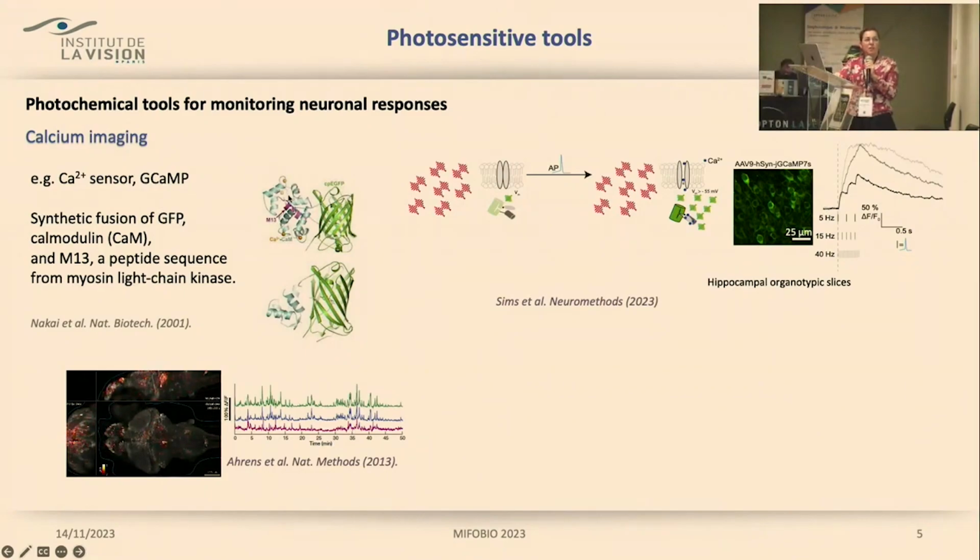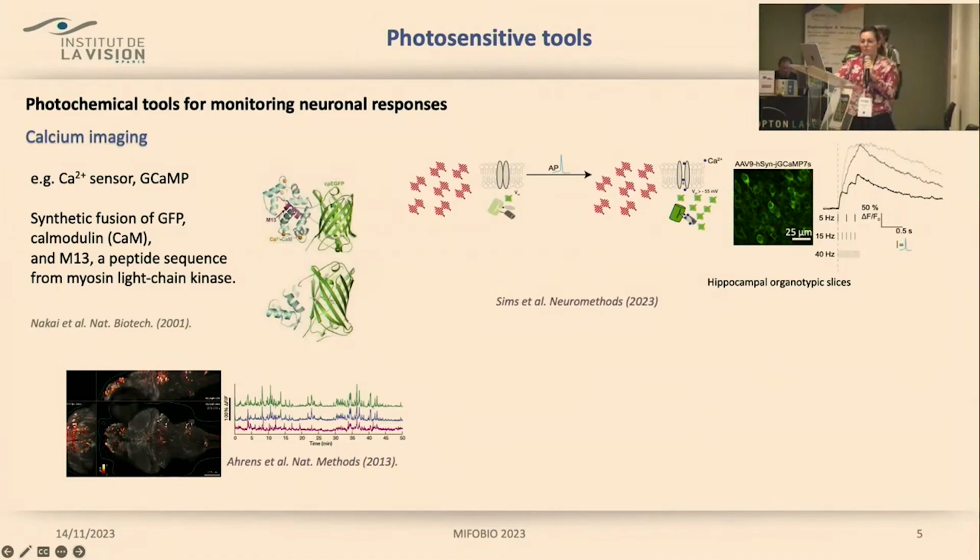And whenever there is an action potential fired by a neuron, there are voltage-gated calcium-dependent channels that are opening in the cell membrane. And so the increase in calcium changes the conformational state of the GFP protein, which gives rise to increases of fluorescence of the sensor.